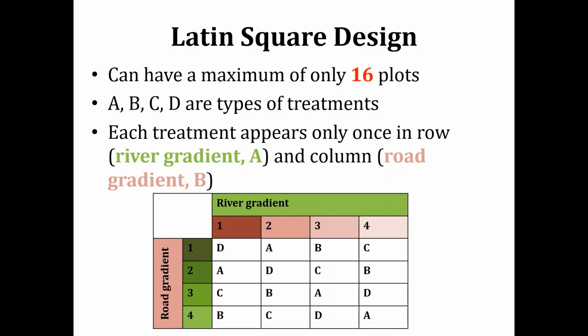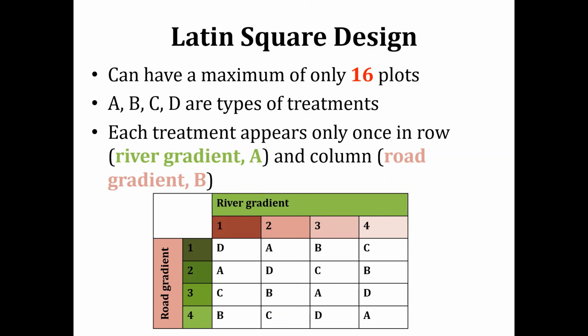In the first column, as you can see, the first cell is D. So the treatment applied in this cell is D, and this lies in column number 1 and row number 1. Then we have the other one, which is A. A is present in column number 2 and row number 1, and this one has got the treatment A, and so on.